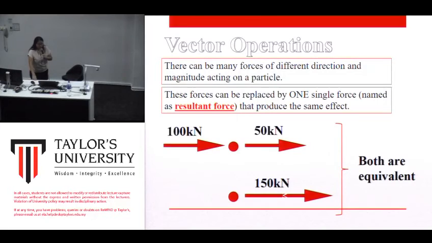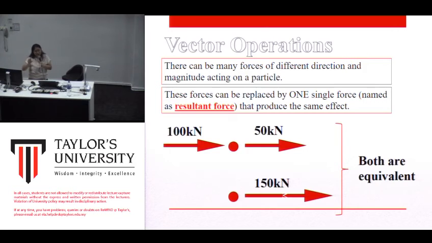Alright, so next, to add forces acting in the same direction is very straightforward. For example, I have a particle here. I pull it by using 50 kilonewton and then push it by 100. The effect will be the same as if you pull it by using 150 kilonewton.